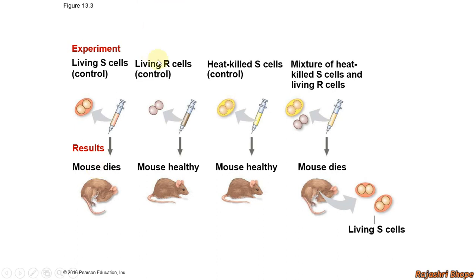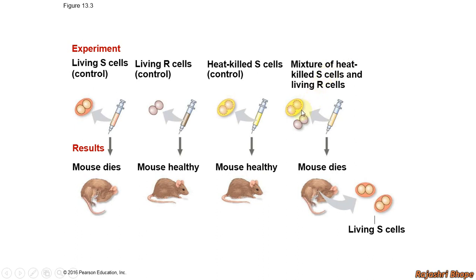Then he used rough strains, which are non-capsulated, and injected them into the mouse. He found that the mouse lives and is healthy. Then he used heat-killed smooth strains and injected them into the mouse. The mouse does not die. The mouse lives healthy.